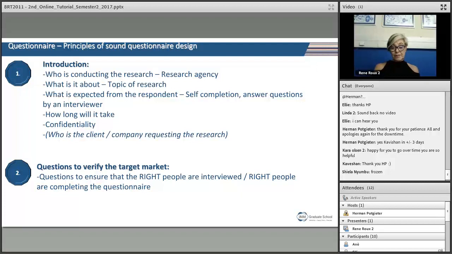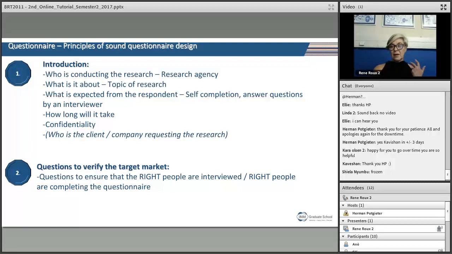requested the research. The second aspect is the questions to verify the target market. Usually, if your target market needs to meet specific criteria, for instance that you have to make sure that they earn a certain income, you have to ask that question in the beginning of the questionnaire, because you cannot go through the whole questionnaire and then at the end realize it's actually the wrong person that you interviewed.